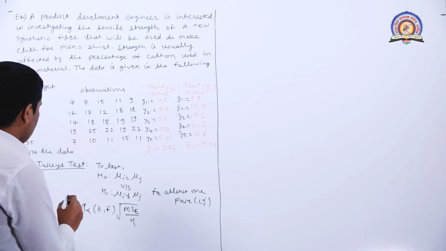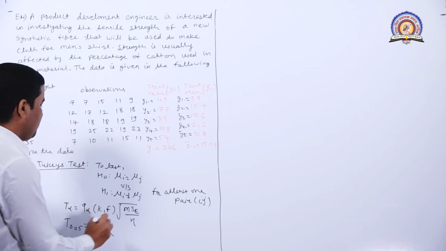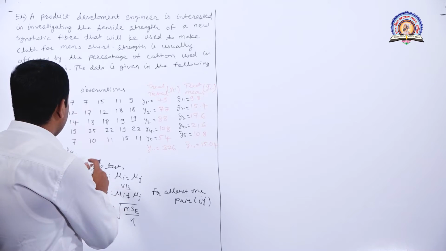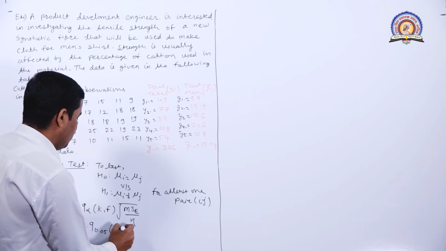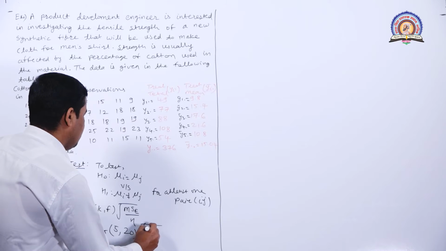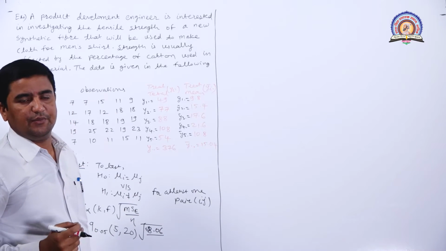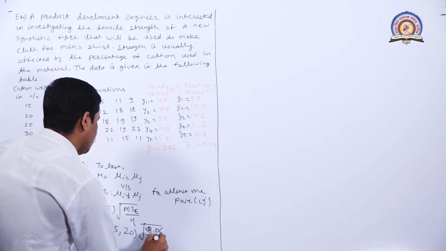Here we are going to use alpha as 5%, so T 0.05 becomes Q 0.05, where K, the number of treatments, is 5, and F is the error degree of freedom, which is 20 from the ANOVA, and under root of MSE is 8.06 divided by n, the number of observations for each treatment, which is 5.